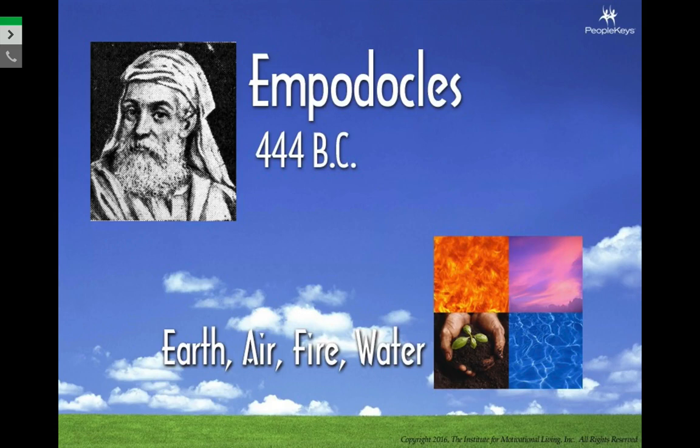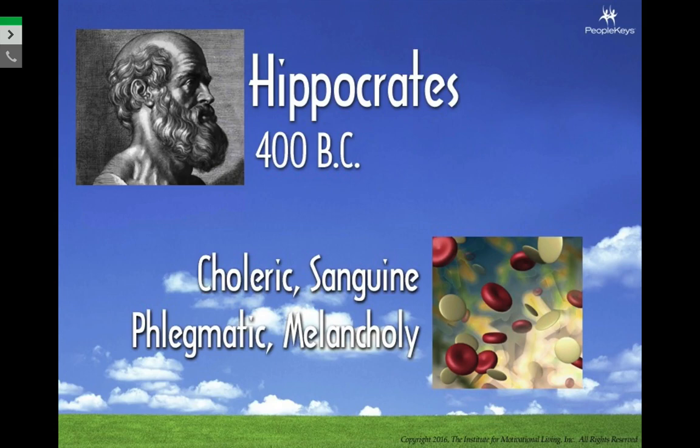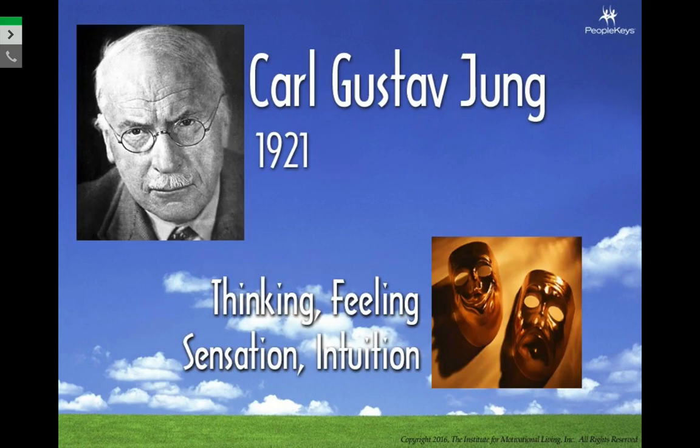It's important to understand this has been around for a long time. In the beginning, they talked about earth, air, fire, and water and compared those to different personality styles, how people operated. Then it was fluids in the body that they used to talk about what their personalities were. Then it became thinking, feeling, sensation, and intuition.